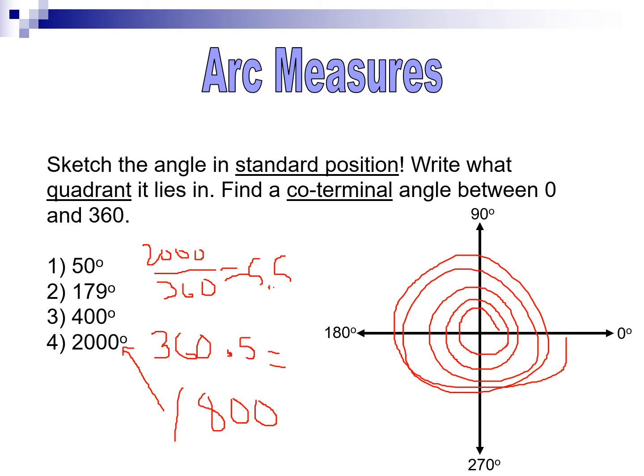And that's where we have to find where the coterminal angle is. 200 degrees more. Here you look at 180, 200 will be somewhere around here. All right, so there's our angle in standard position.